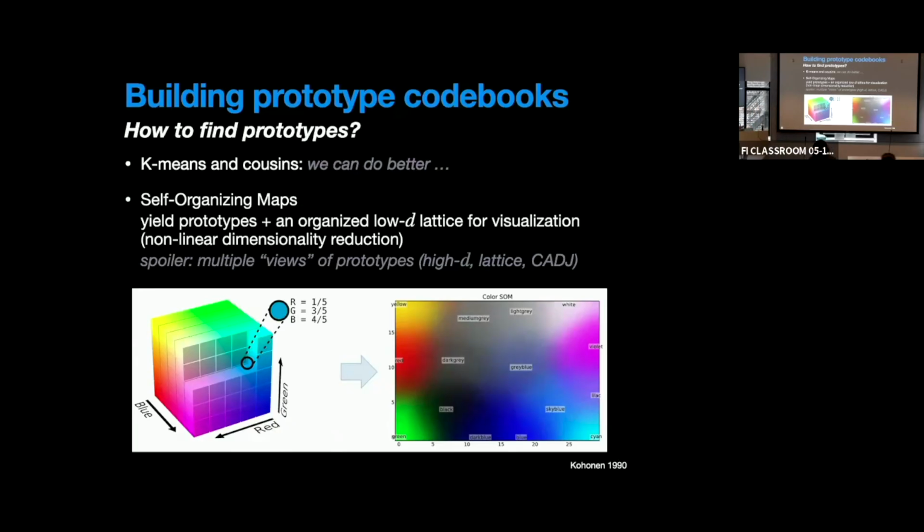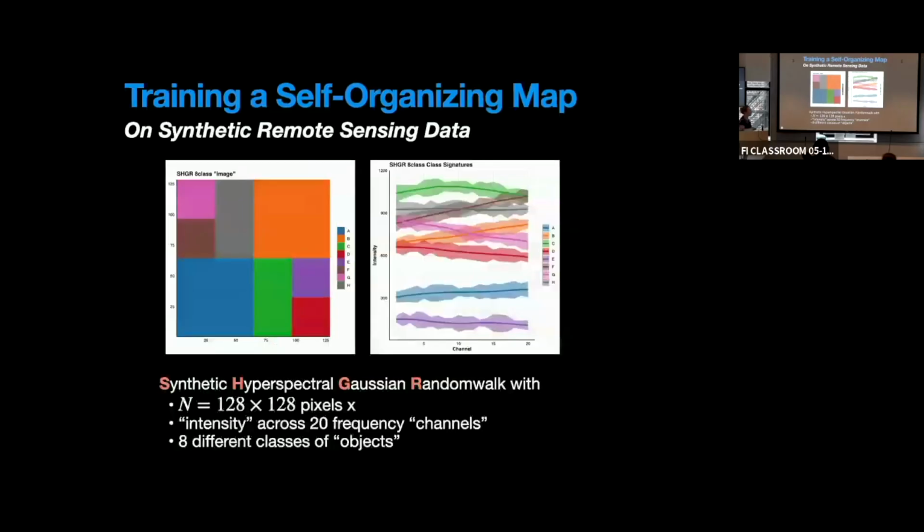Okay, so our astronomy data are smooth, but not that smooth. So we're going to start out with a different example, which is a synthetic remote sensing data. So this is kind of like our radio cubes. You have a position, and then along the other axis, you have a set of frequency channels, right?